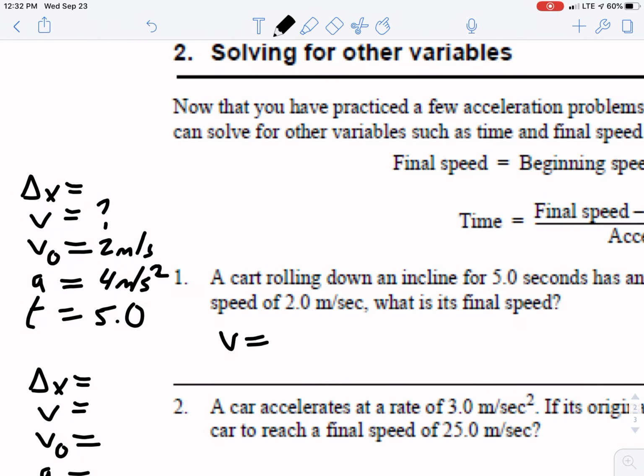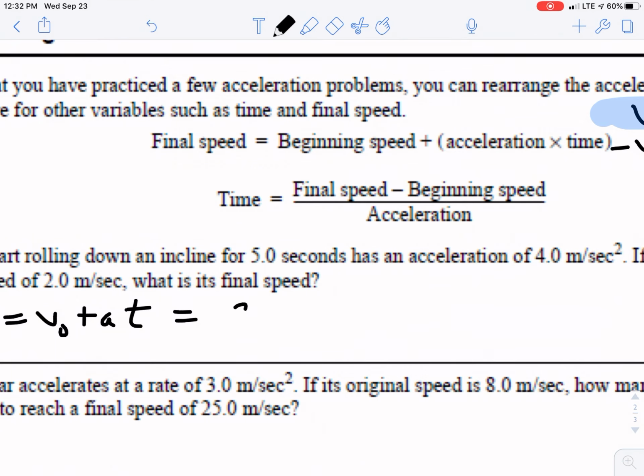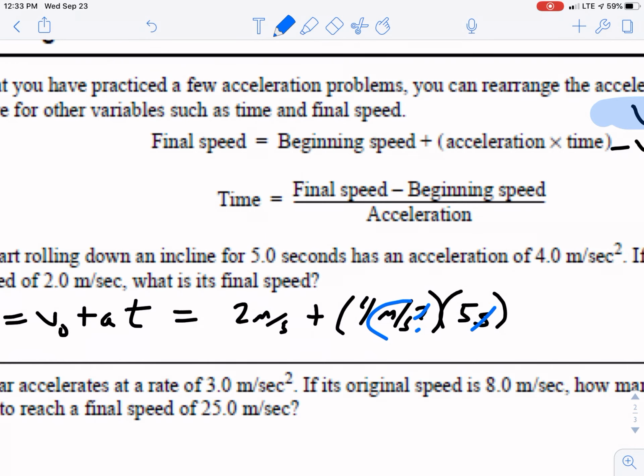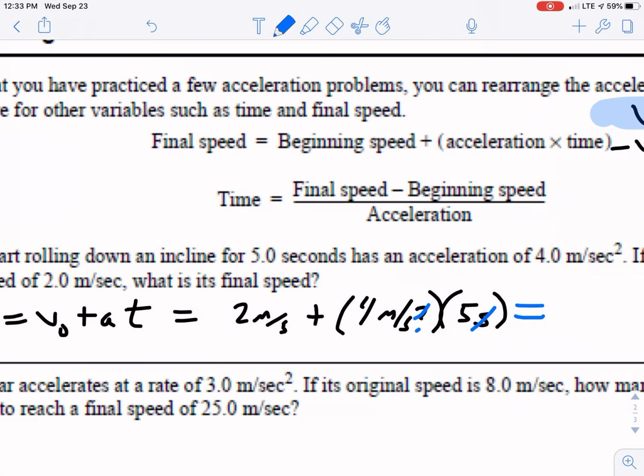So v equals v naught plus at, and we plug into it. 2 is the original speed plus 4, and if I show the units here, it's 2 meters per second plus 4 meters per second squared times 5 seconds. And we can see that seconds cancels with one of these, and I'm left with units of meters per second, right? So we have 20 plus 2, or 22 meters per second.